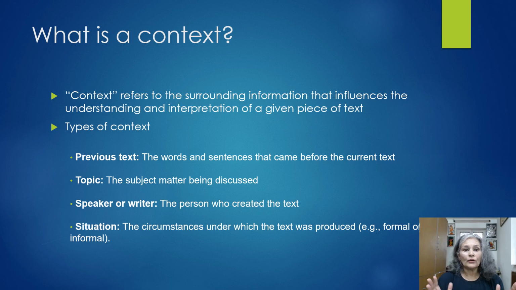The speaker or the writer, the person who created the text, whether it's a male or a female, whether you're speaking to a group, etc., that again can be a context. The situation, the circumstances in which the text has been produced. Is it a formal setting? Is it a classroom lecture? Is it an informal blog post, etc.? So these are all things which are determined as context.